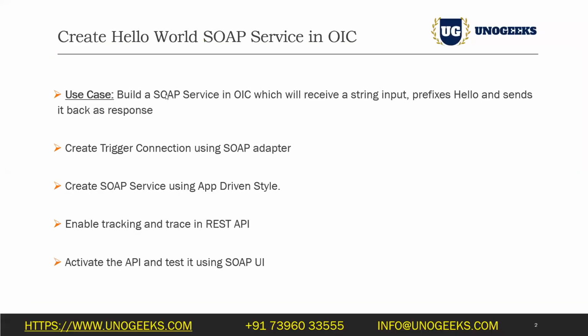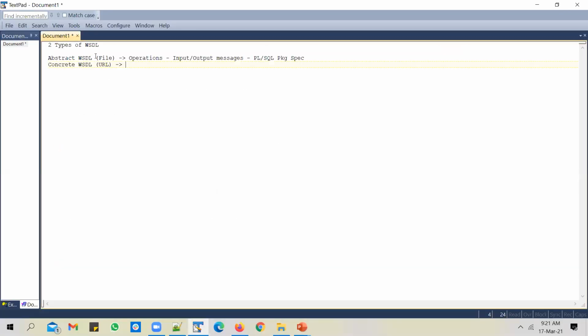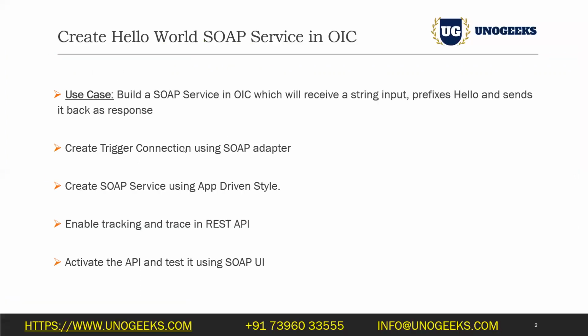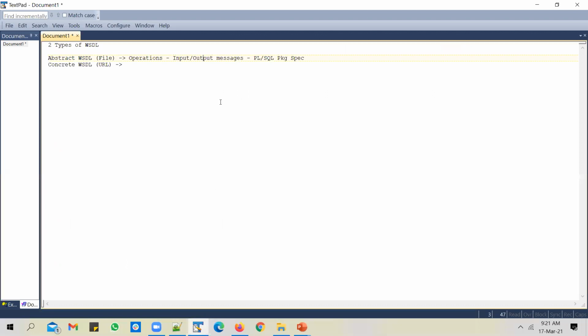So I'll start off this integration with an abstract WSDL file which contains an operation with name as input and greeting as output. I'm going to create the SOAP API in OIC and I will activate it.